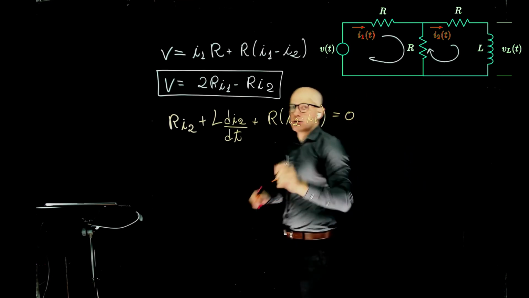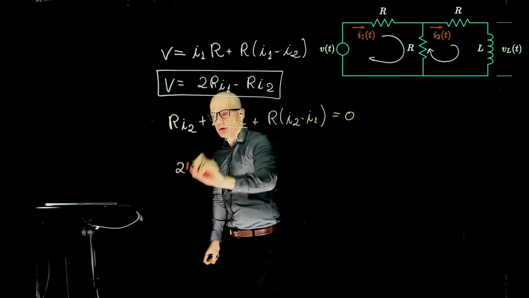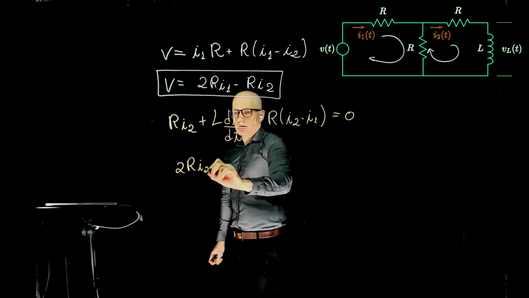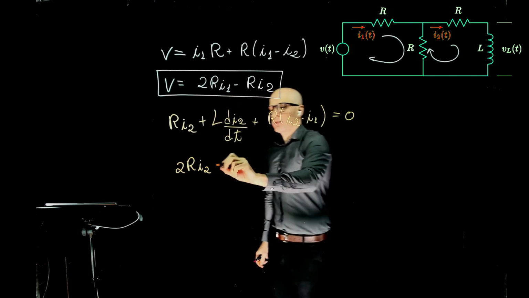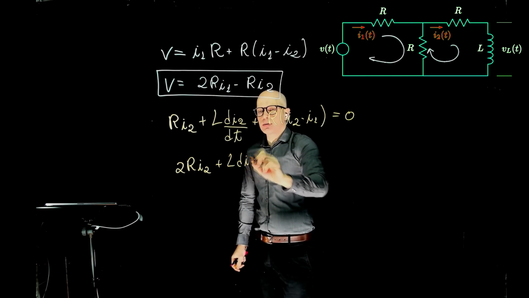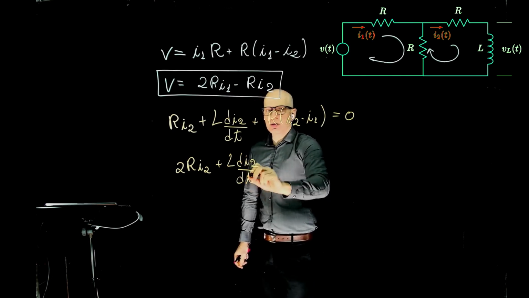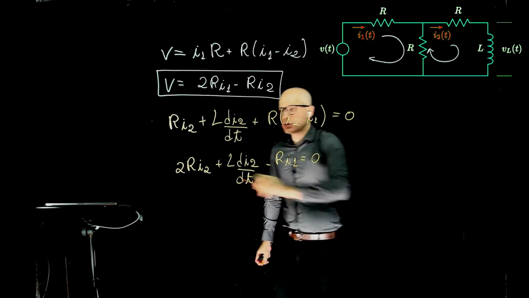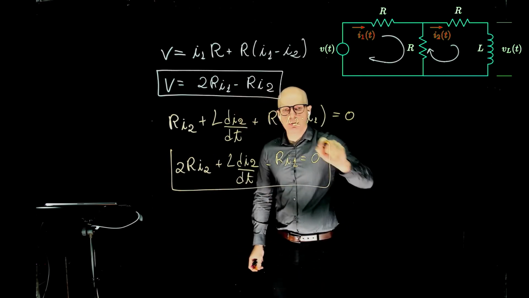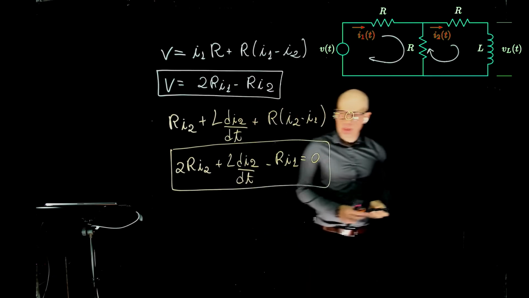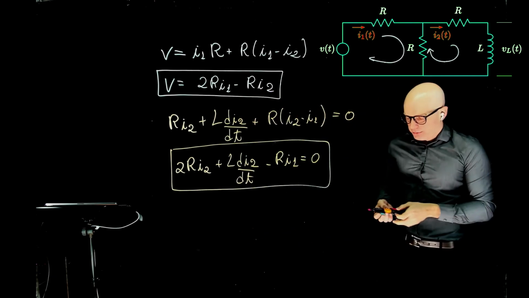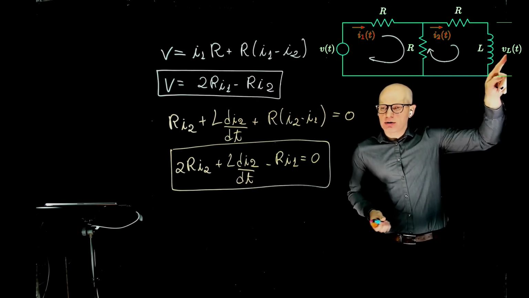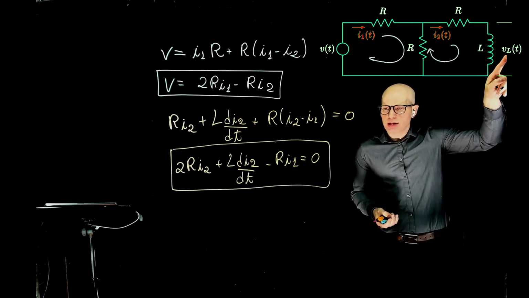Okay, so if we expand this, we have 2RI2 plus L di2/dt minus RI1 equals 0. This is the second equation. And finally, we have VL as the output of the system.